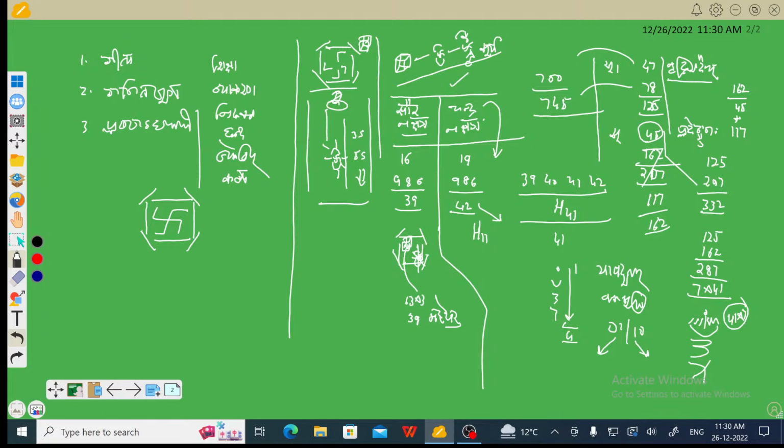This value is 21. It is 1 plus 2 plus 3 plus 4 plus 5 plus 6. It is Pur.